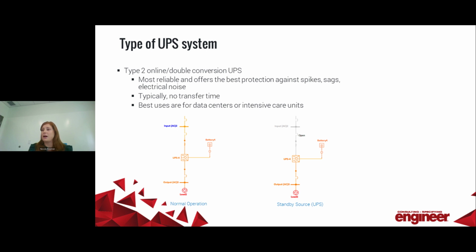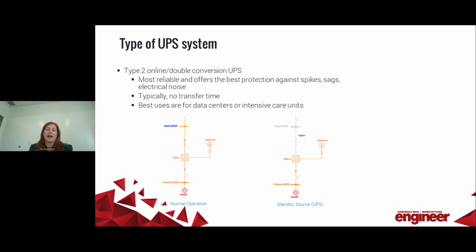The next one to go through is the online or double conversion UPS. This is the most reliable type of UPS, therefore the most expensive. It's called double conversion because it includes a rectifier. So you're converting your AC input to DC and then DC back to AC.